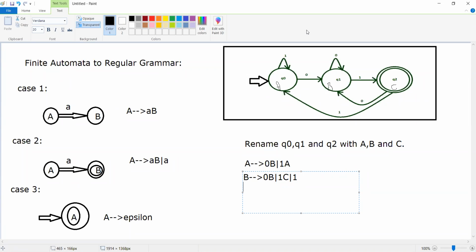Then go for the third one, the Q2 state, which is the final state, which we have named C. What are the C productions?